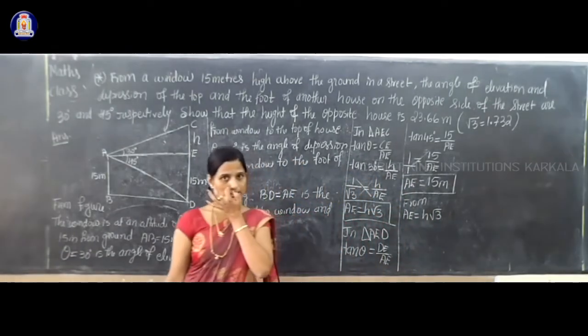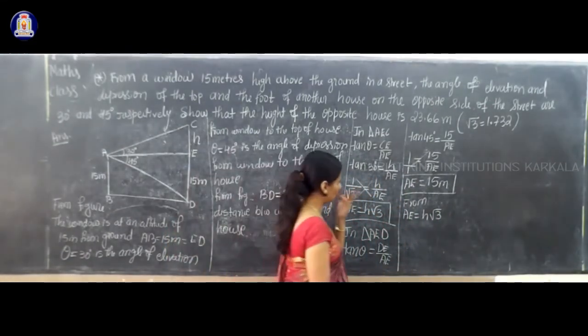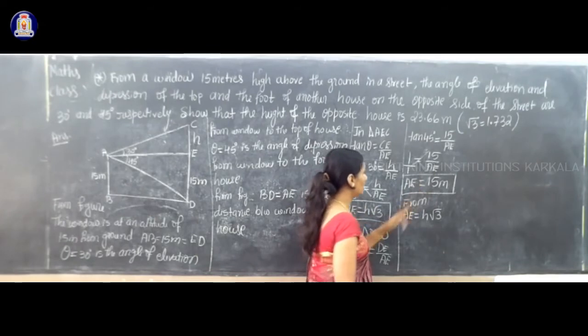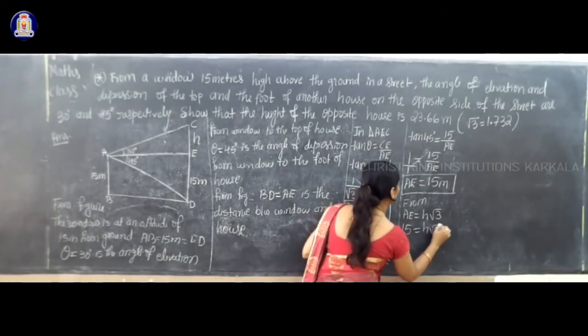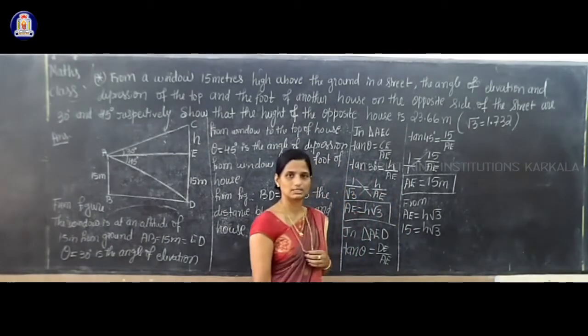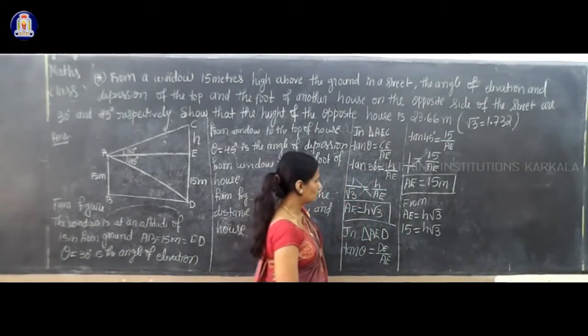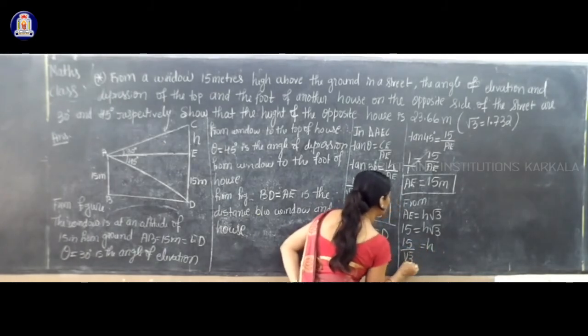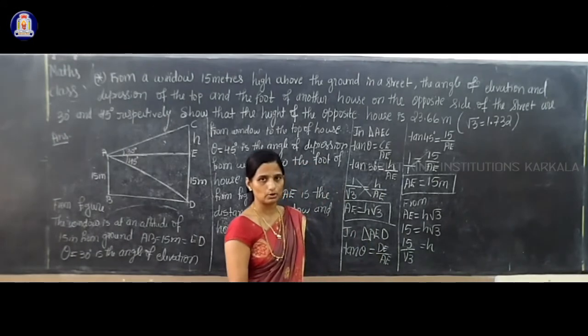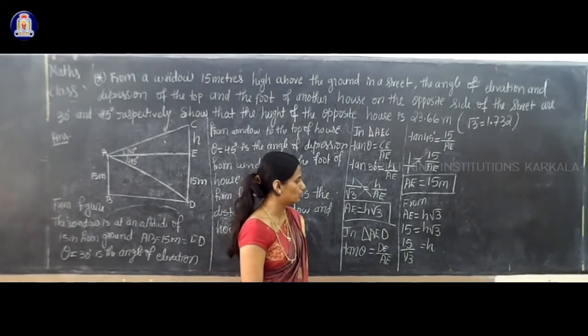What is your AE? 15 is equal to h root 3. Therefore h is equal to 15 divided by root 3.